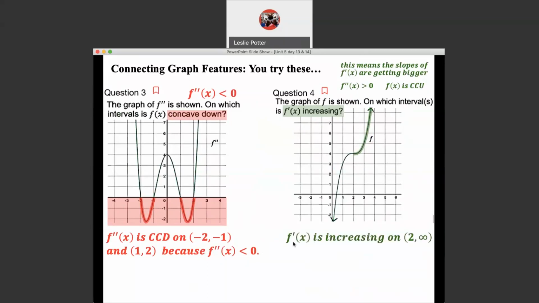So we can make our conclusion that f prime of x is increasing on 2 to infinity because f double prime is greater than 0, is positive. Or instead of saying because f double prime is greater than 0, we could connect it back to here, saying this is where our function is concave up. So that would be another way to justify that.